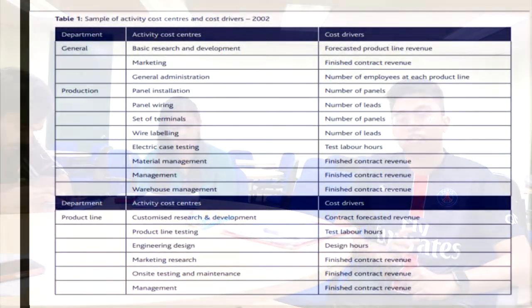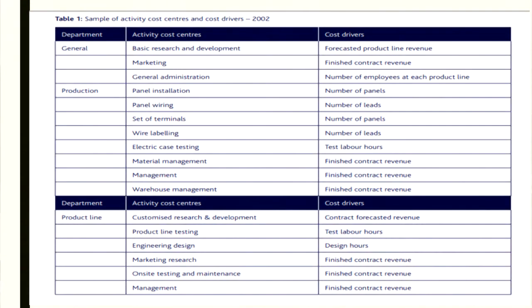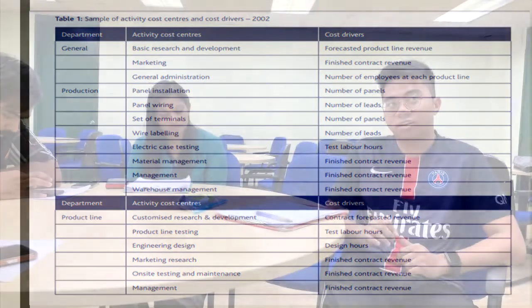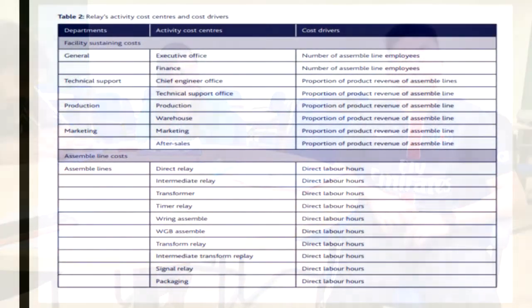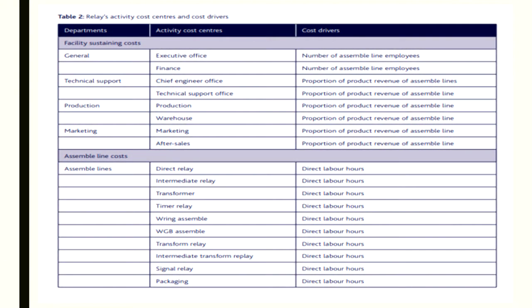Okay, as you can see, this is the sample activity for the trial in 2002. There are 3 departments: the general department, production department, and product line. Each department has various activities. In 2009, they implemented the real ABC system. As you can see in the figure, there are more departments, and there are 2 costs: facility sustaining cost and example line cost.